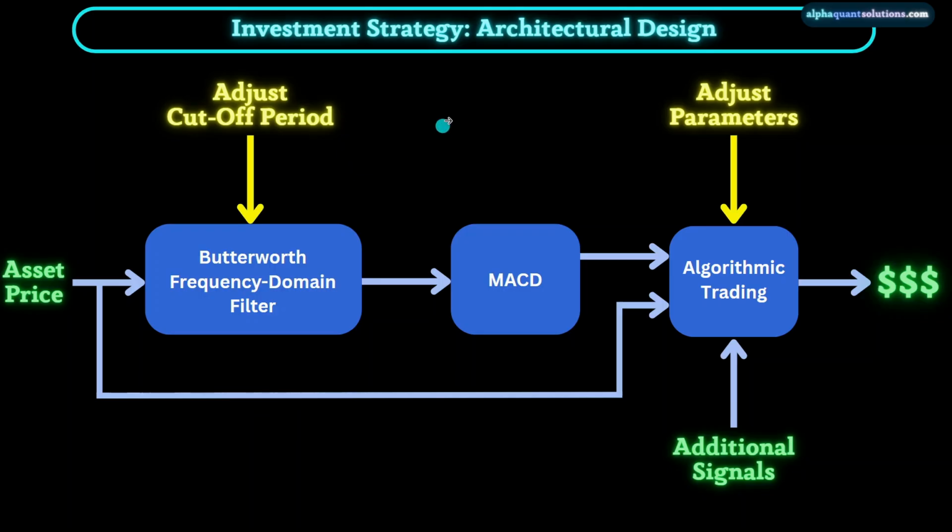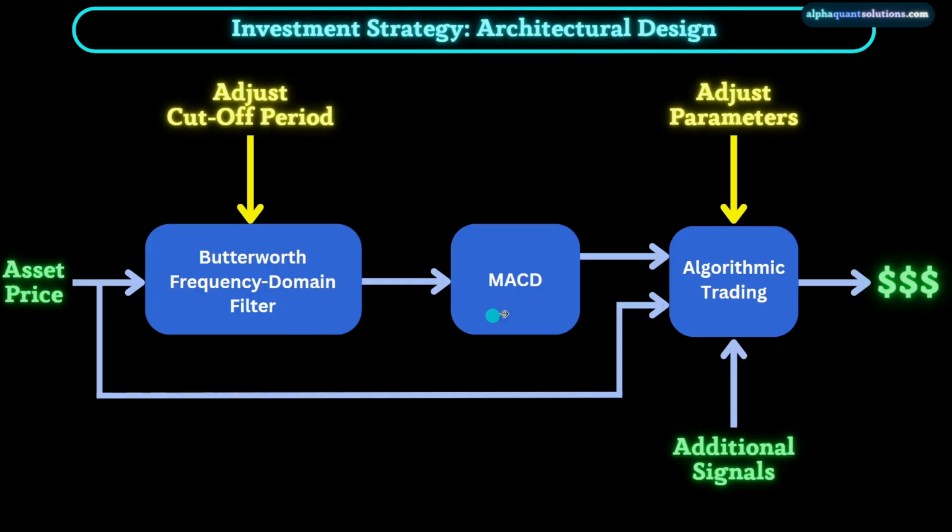So here is the flowchart or architectural design of our investment strategy. We start with daily close prices of our asset. These prices get filtered through a Butterworth frequency domain filter. And here the user can adjust the cutoff period.